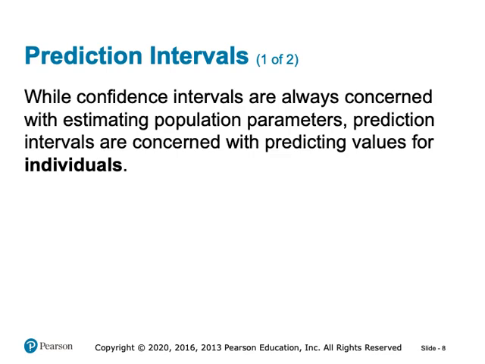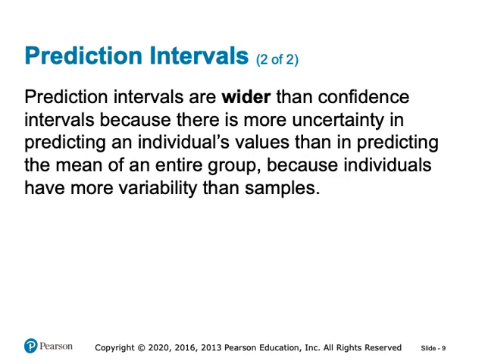Understanding prediction intervals is crucial for making accurate individual predictions. Whether you're dealing with fish in a lake, sales projections, or any other situation where individual outcomes matter, prediction intervals are intentionally wider than confidence intervals, and there's a very good reason for this.